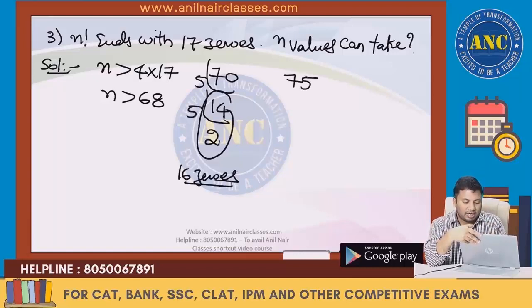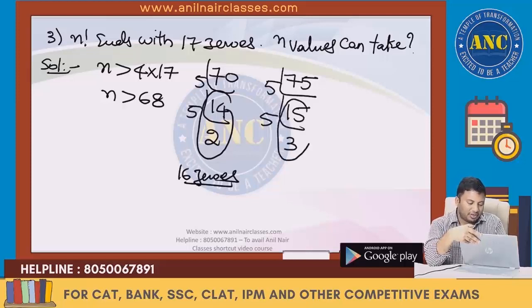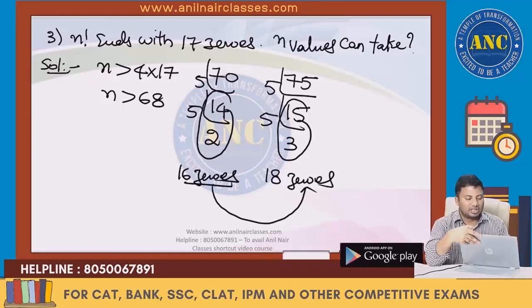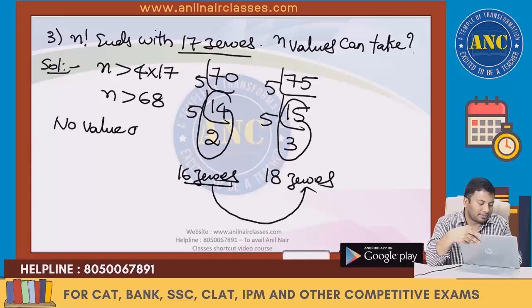Take the next multiple of 5. 5 15s are 75. 5 3s are 15. 15 plus 3 is 18 zeros. 16 zeros jump to 18 zeros. 17 zeros I am not finding. So no value of n exists.